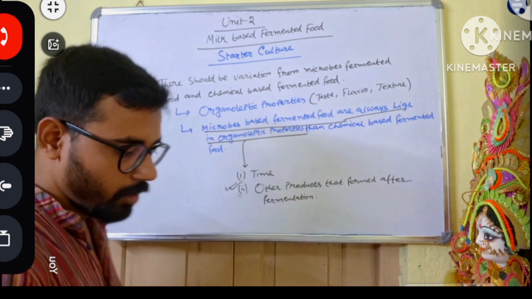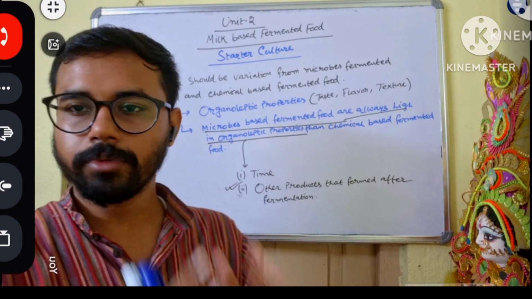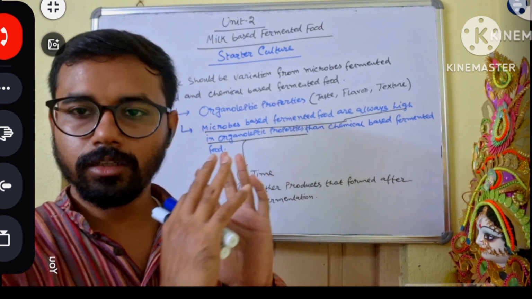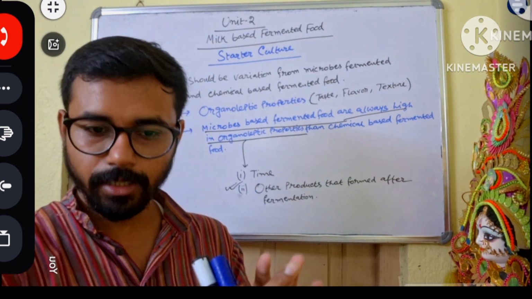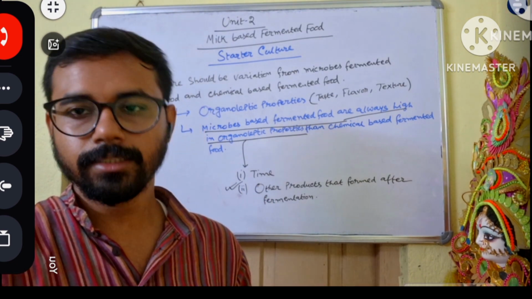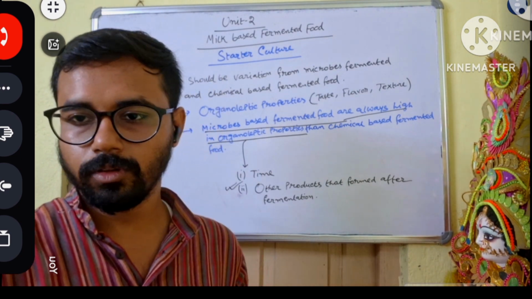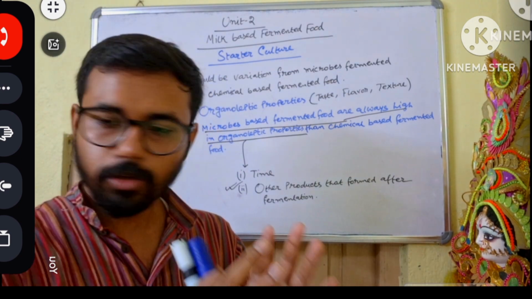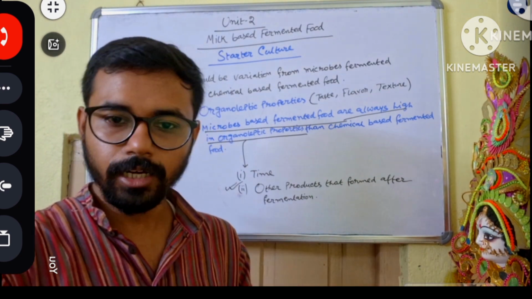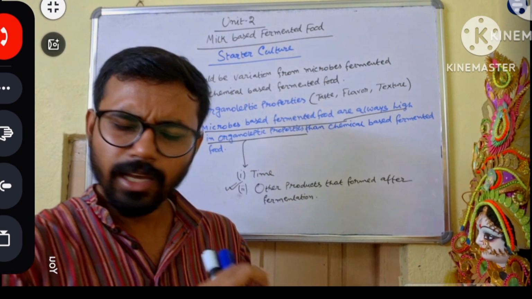Just think: when you ferment milk for the required amount of time with suitable dairy-based microbes, do you only find lactic acid in the milk, or other compounds also? Not only lactic acid, you also find some amount of acetic acid, some acetyl CoA.